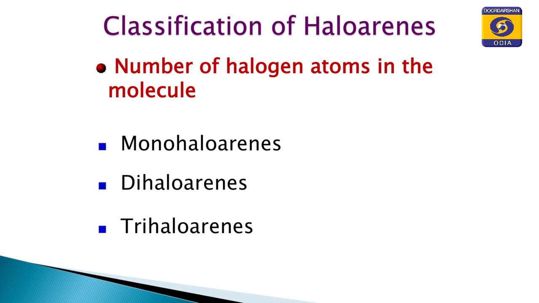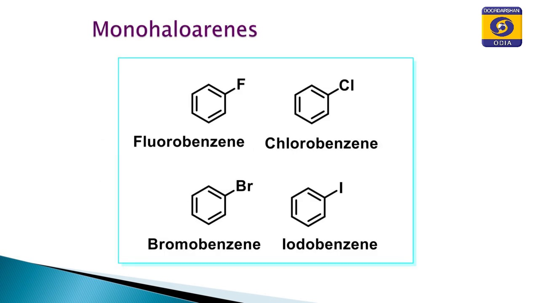That is monohaloarene if the number of halogen atoms is 1, dihaloarene if 2 hydrogens of the aryl group are replaced by 2 halogens, and trihaloarene if there are 3 halogen atoms in the molecule. Common examples of the monohaloarenes are fluorobenzene, chlorobenzene, bromobenzene and iodobenzene.